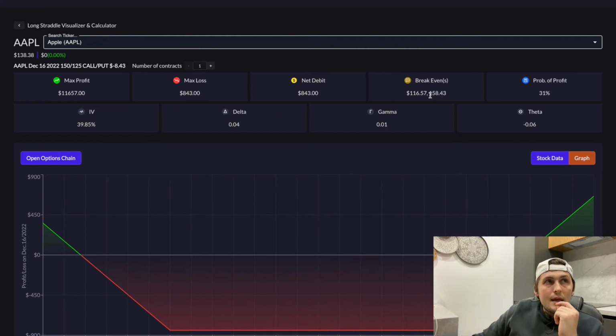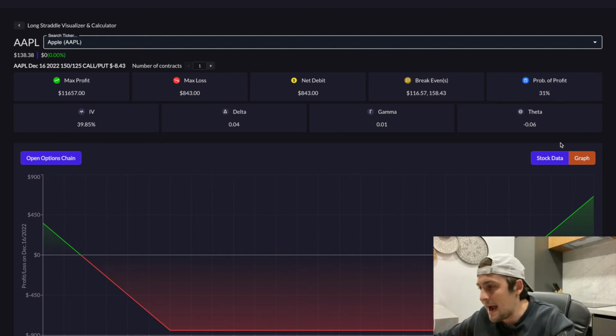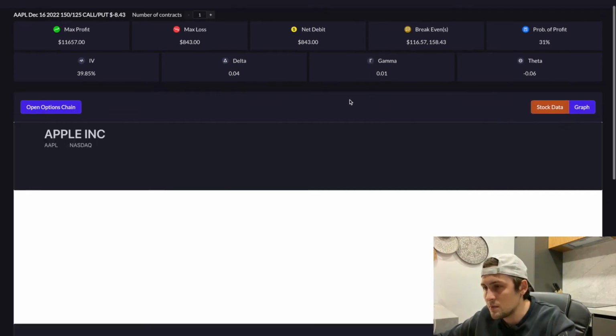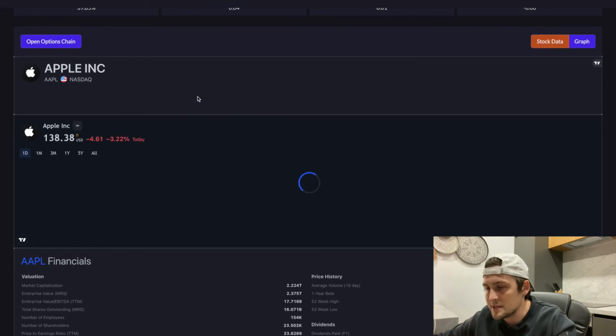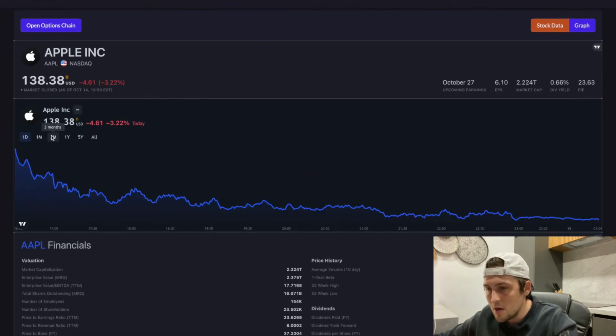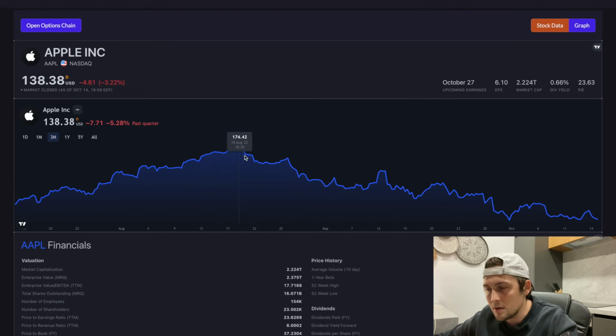So it makes sense in times of, let's say, the market is clearly correcting right now. If we go back, this would have made sense if we could pull up a stock chart right here. At Option Scout, we have TradingView charts embedded. Everyone knew that the recession was coming.